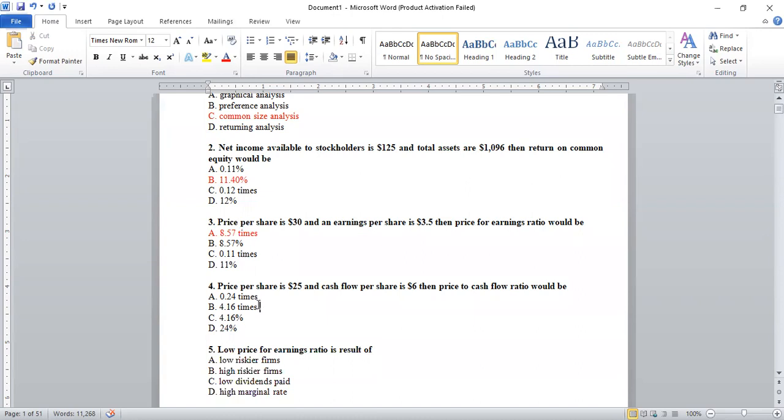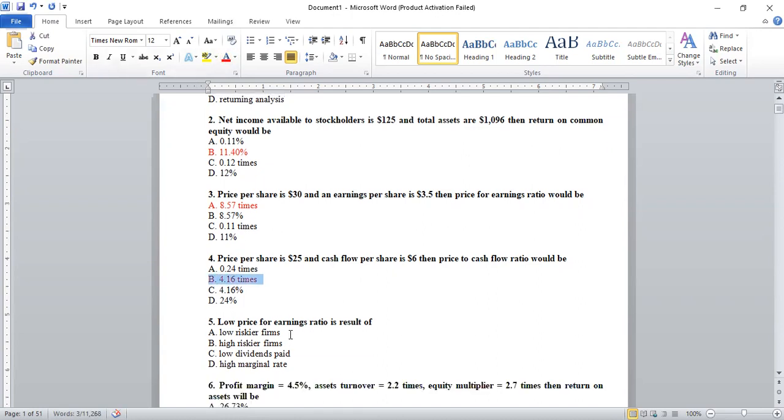The following question: price per share is 25 and cash flow per share is 6. Then the price to cash flow ratio would be, the right answer is B, which is obtained by taking 25 price per share divided by the cash flow per share, which is 6, and we get 4.16 times.